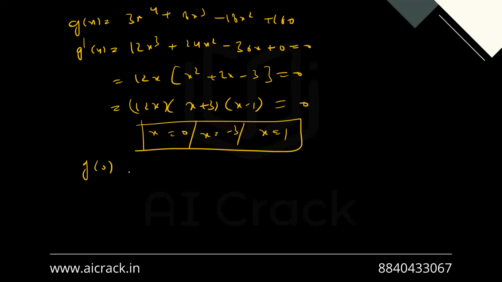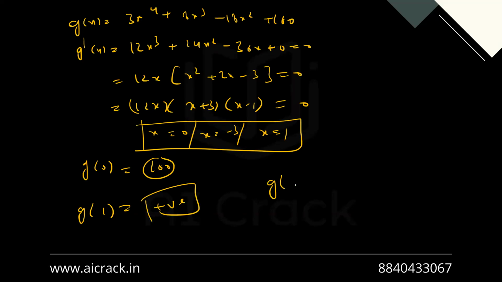So g(0) equals 160 only, because this would be 0, this would be 0 and this would be 0, so it comes out to be 160. Now if we talk about g(1), that would be 3 + 8 - 18 + 160, that also is positive, right? Because we have 160 over here.